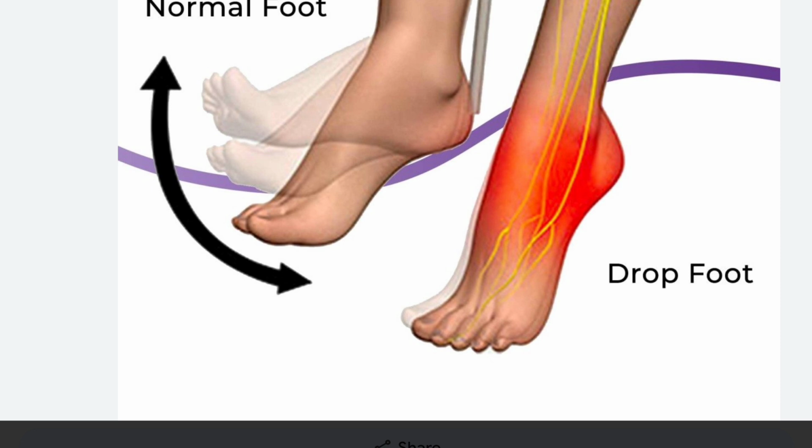It takes sensation from the skin between the first and second toe, the first web space. The superficial fibular nerve supplies the peroneus longus and brevis muscles of the lateral compartment of the leg and takes sensation from the lower two-thirds of the anterolateral leg and whole dorsum of the foot except the first web space.